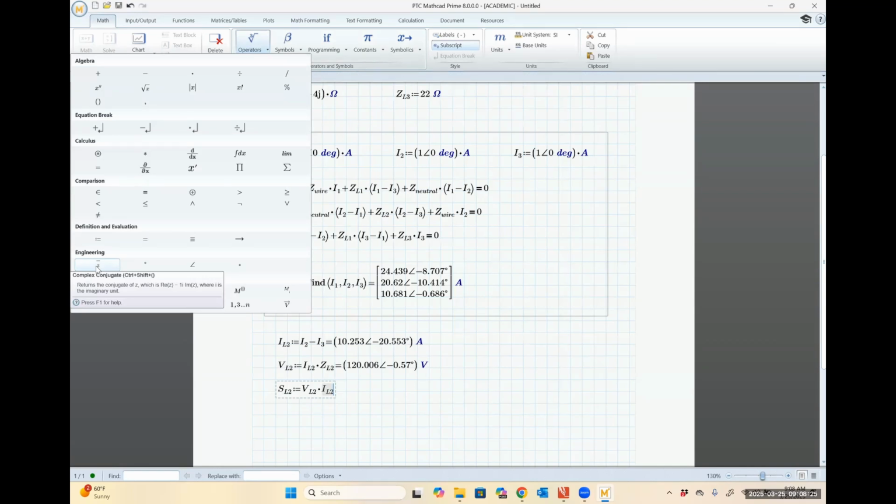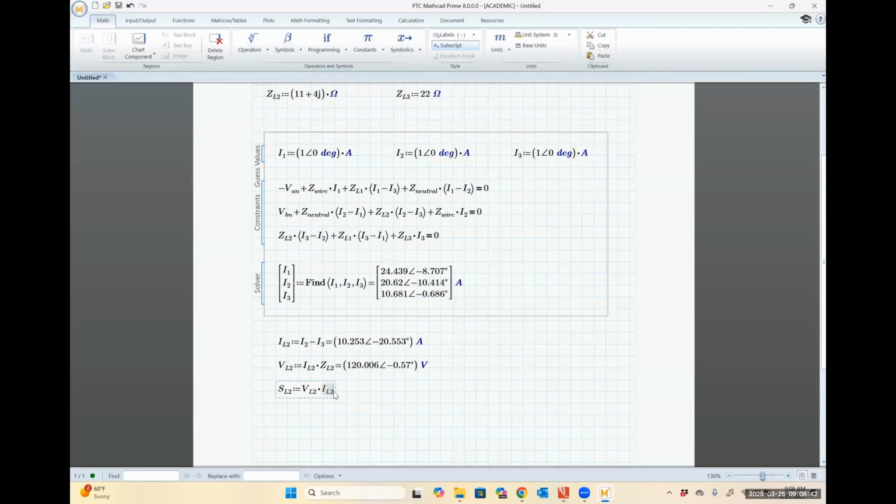So the keyboard shortcut for that is Control Shift open parentheses. It's not going to put an asterisk next to it like is traditionally done to denote that operation. Instead, it's going to put a bar over it. So if I press Control Shift 9 for open parentheses, I get VL2 times IL2 bar, where that bar means the complex conjugate operation.